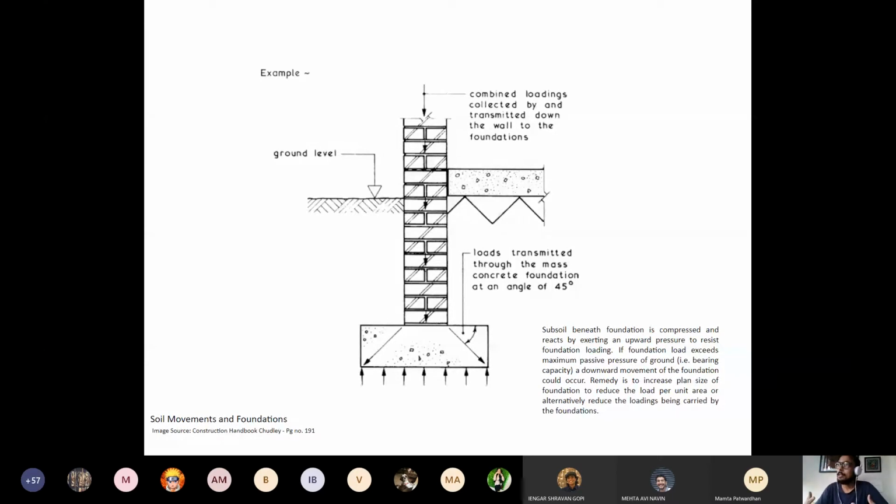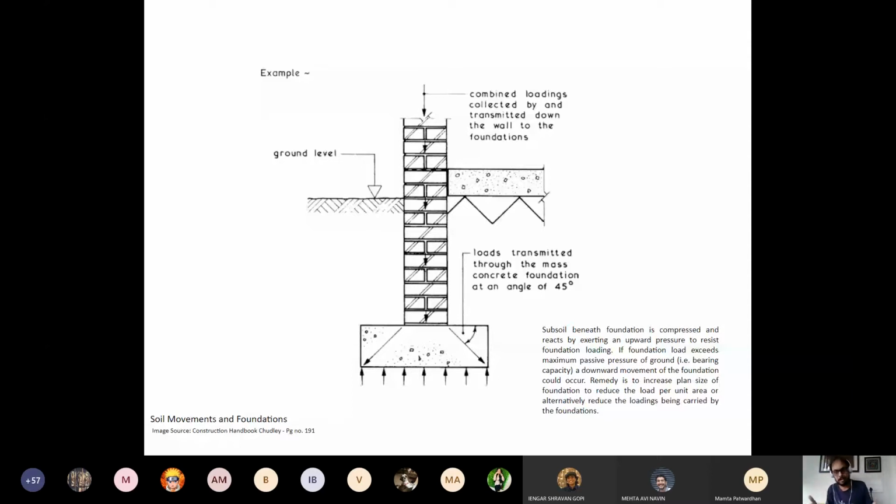Although the soil is able to take our weight, the soil is actually a very dynamic sort of condition. I'm sure that Neeraj and Rajita have discussed soil and its properties as well. If the foundation load exceeds the maximum passive pressure of the ground, that is the bearing capacity of the ground, then there will be a downward movement.